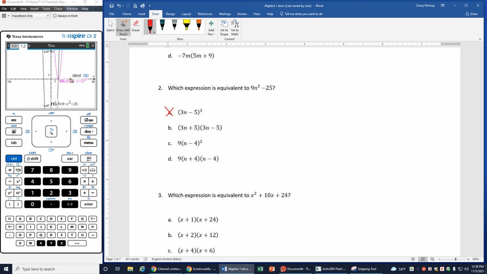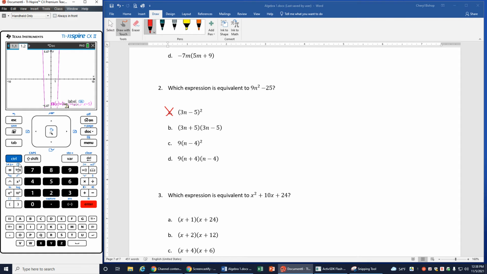Let's try B. I'm just going to open up that F4 again because I don't need that to still be graphed. I know that's not right. I'm going to do parentheses 3x plus 5, close parentheses, open parentheses, 3x minus 5, close parentheses, and then I'm going to graph it, and I can see that that purple graph now moved.